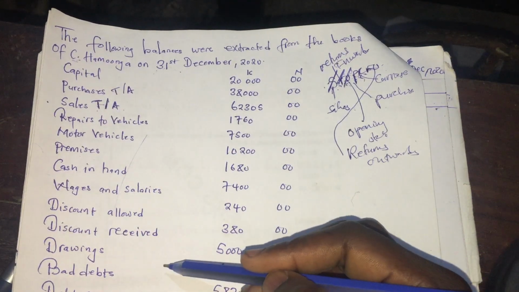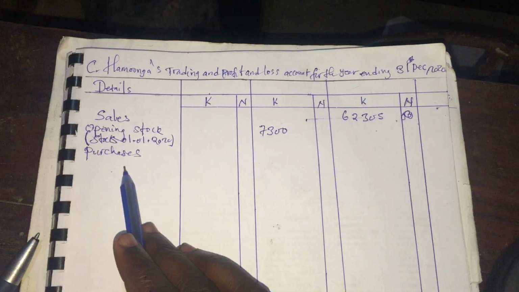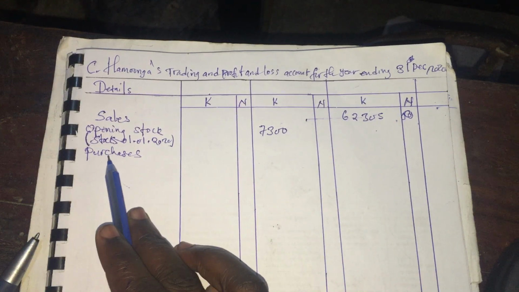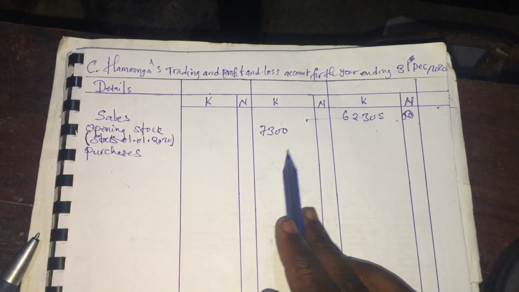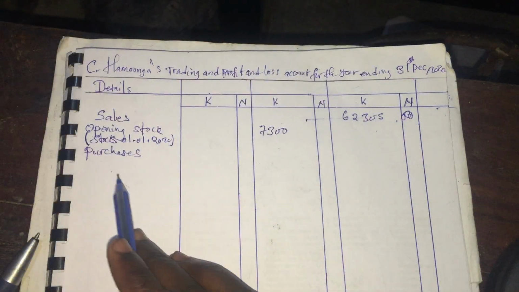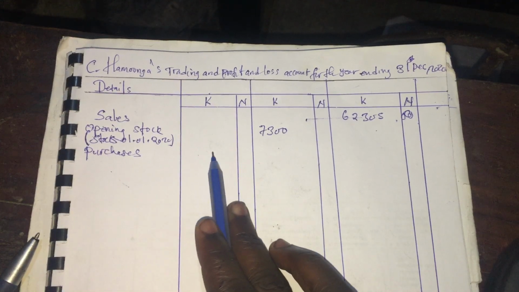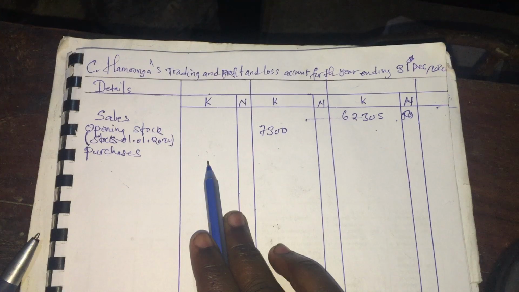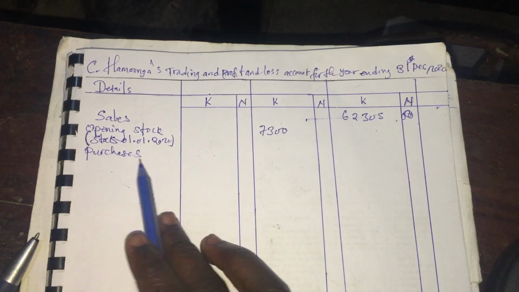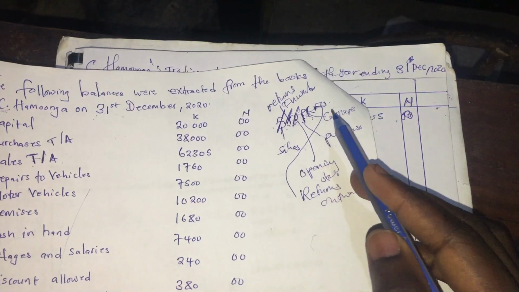Do we have carriage inwards? We don't have carriage inwards. So since we don't have carriage inwards, the amount for purchases should be placed in this box. If we had carriage inwards, the amount of purchases and carriage inwards would have been placed in the first box, then added.